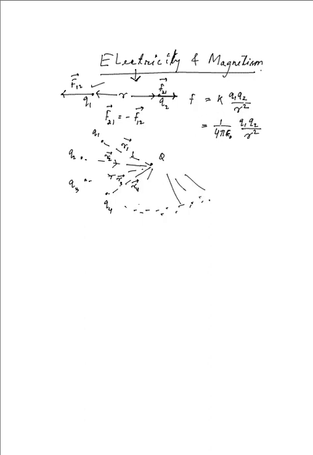Now we want to determine the net force that is acting on that charge Q. Now remember, these charges q1, q2, q3 will be applying forces on one another as well, but the question here is for the charge Q which is placed separately from that distribution.